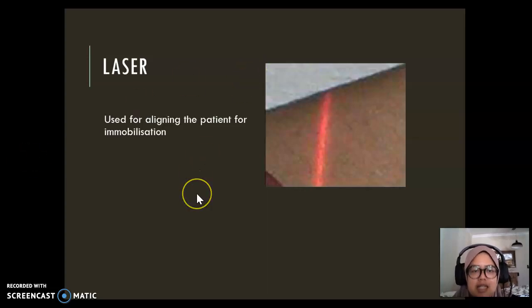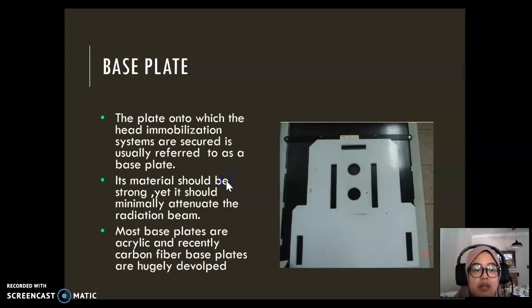Okay. So these are among the immobilization devices and the setup that you need to consider. First is the laser. The laser usually will be used for alignment of the patient for the immobilization, and the second one is the use of the base plate. This is the indexer in which we fit the base plate, so that we can secure all the other immobilization devices on this base plate.